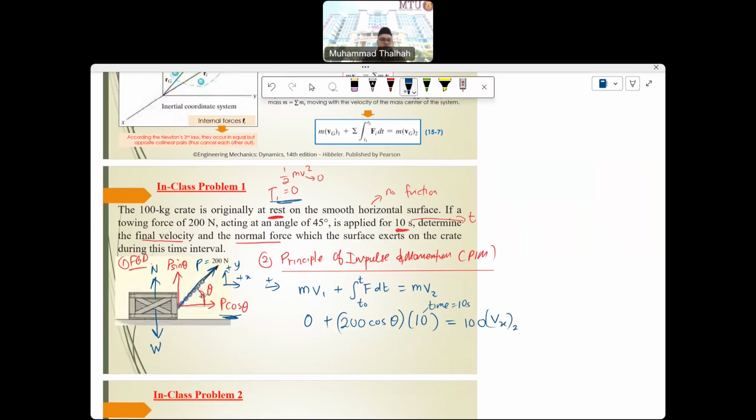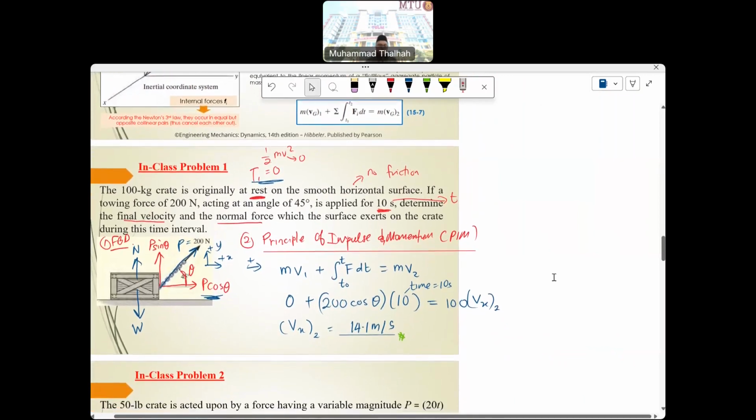So the final velocity in the x direction, 14.4. Correct, 14 point, it's actually 14.1. So it's 14.1. The unit is meters per second. That was not too hard, was it? So let's do the y direction now.